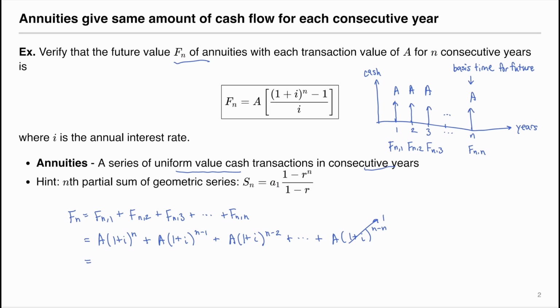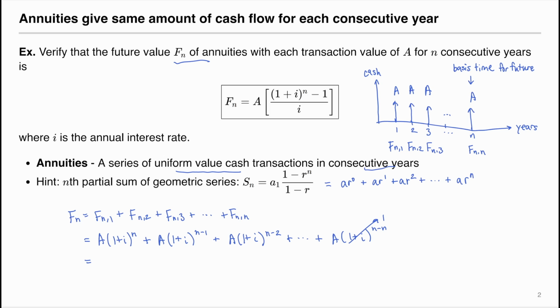Then a reminder that the nth partial sum of a geometric series is expressed as this, and the geometric series is equal to A R^0, A R^1, A R^2, and so on, plus A R^n.